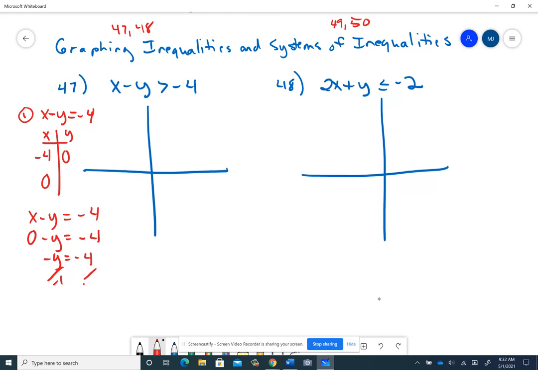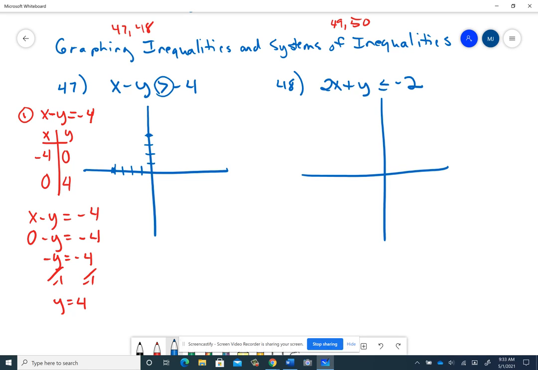And if I divide by -1, y equals 4. So over here would be -4, and up here would be 0, 4. So that line would be connecting those two.